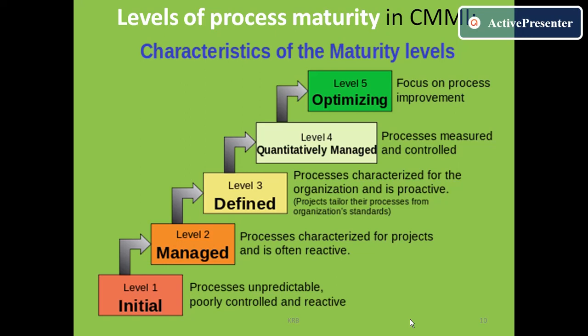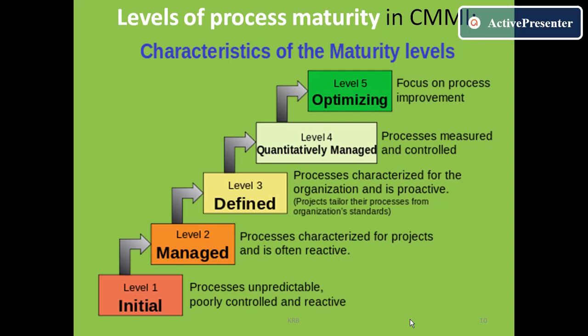That is, we are nearly at the highest quality product, but there are some missing gaps and we have to overcome them in level 4 to reach level 5, that is the highest level, that is optimizing. So optimizing level mainly focuses on the process improvement only. That is, only doing some minor changes in the processes can lead you to achieve the highest quality product.